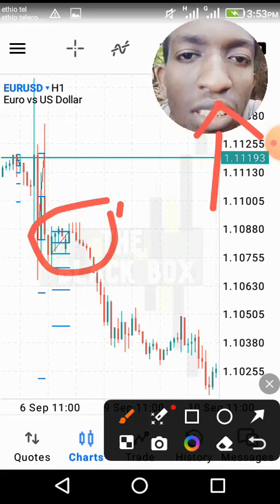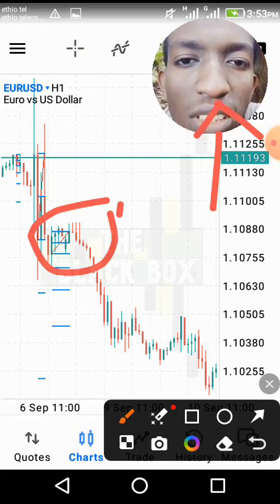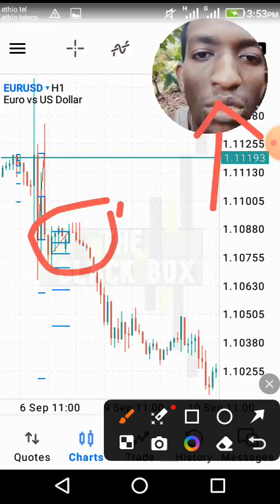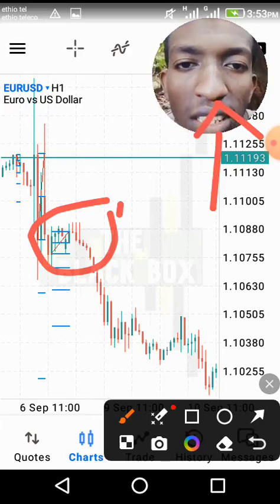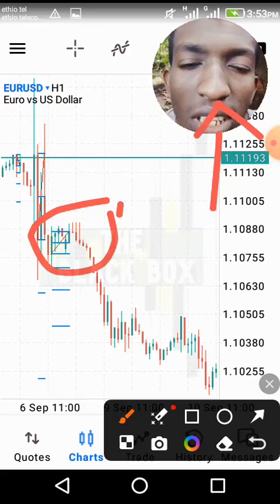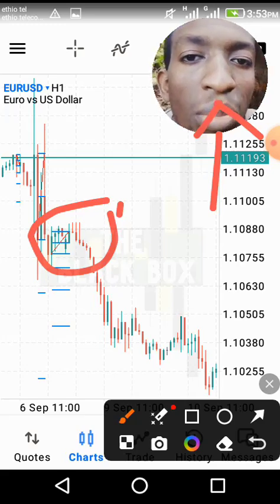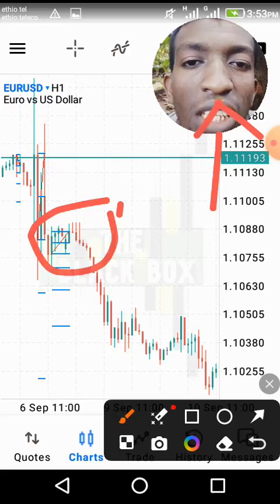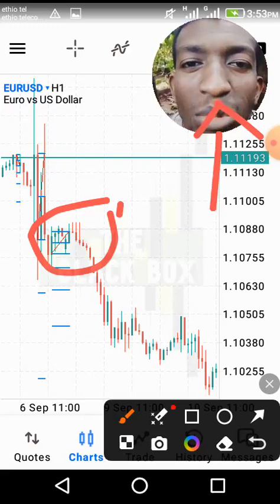Try to fit it into your lifestyle. Don't try to reach for another 100% winning strategy. That's not gonna happen. Not even the banks know 100% strategy. No one knows that. Absolutely no one.